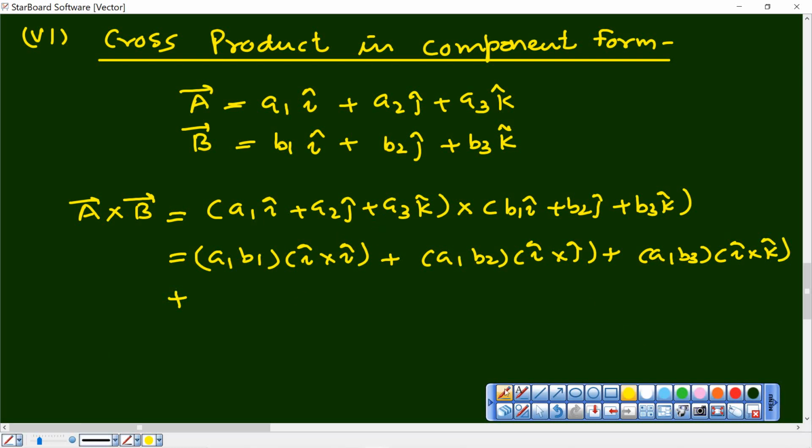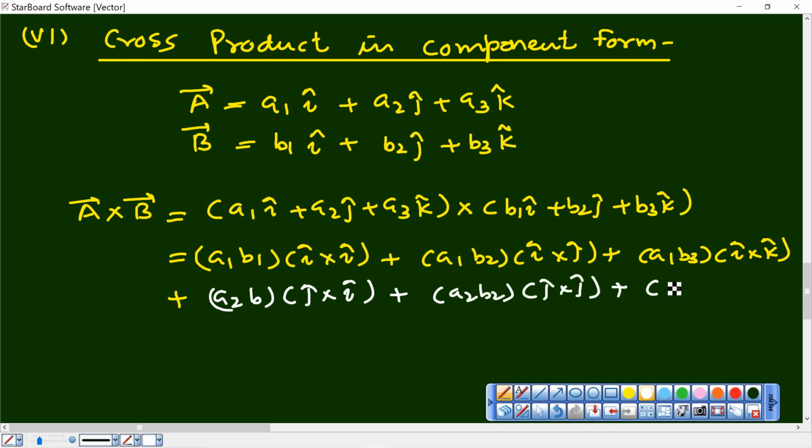Now this will get distributed on these 3, and we are going to get A2 B1 j cross i cap plus A2 B2 j cross j cap plus A2 B3 j cross k cap, and it continues further.